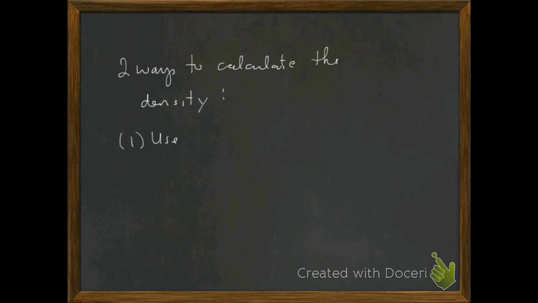Okay. Now, two ways to calculate the density. One of them is a lot easier than the other. One way is just to use R, and there's a function called dnorm.